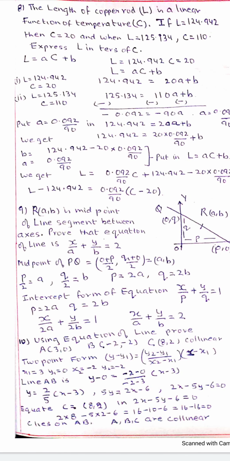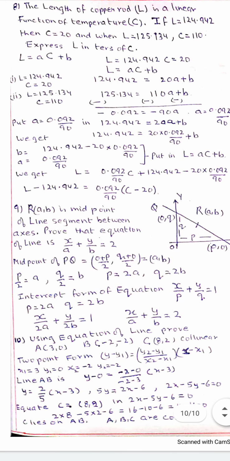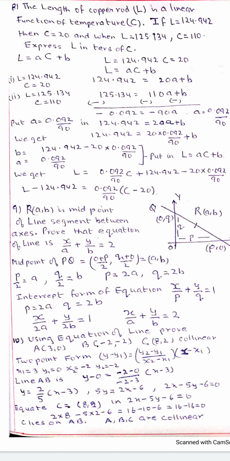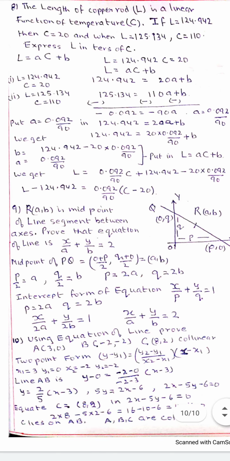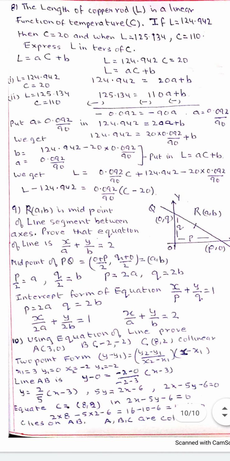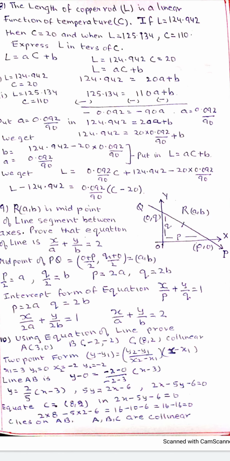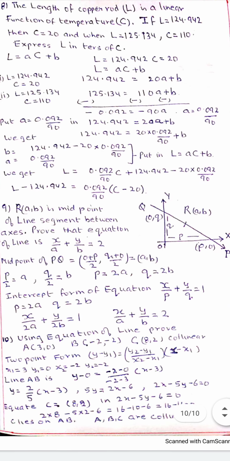Put the value of A to get the value of B. The value of B is 124.942 minus 20 into 0.092 upon 90. Put in L equal to AC plus B. We get L is equal to 0.092 upon 90 C plus 124.942 minus 20 into 0.092 upon 90.